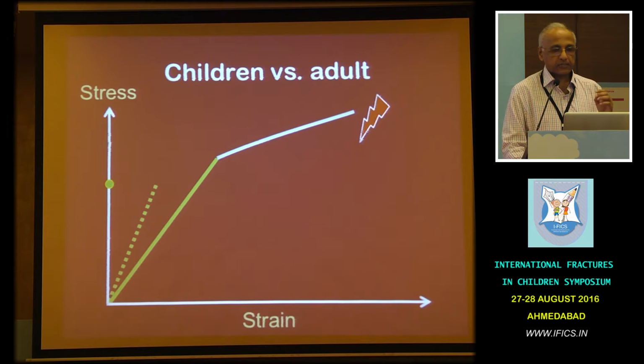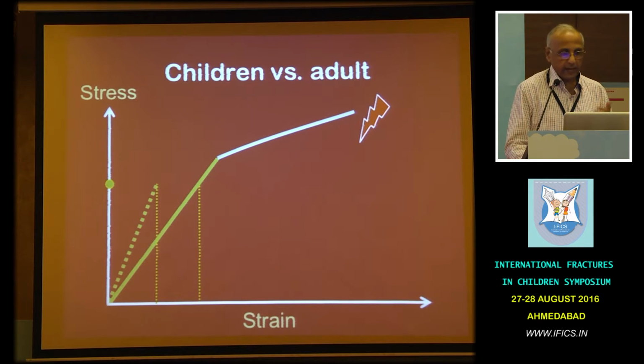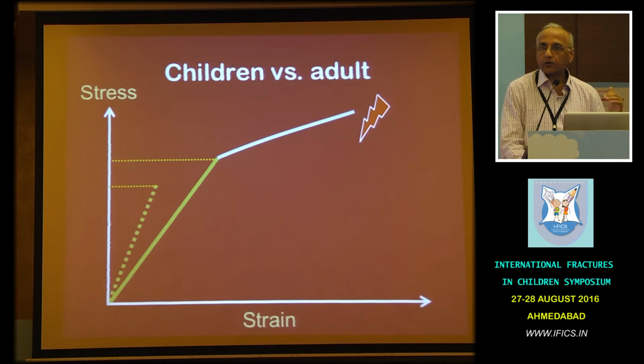If we look at the stress, for a similar amount of stress, if we compare child versus adult, you see the deformation is much more in the case of children. So for the same amount of load, the deformation is much more. And the second point, if we look at the stress, the children's bone remains in the elastic range for a higher load compared to that of an adult.